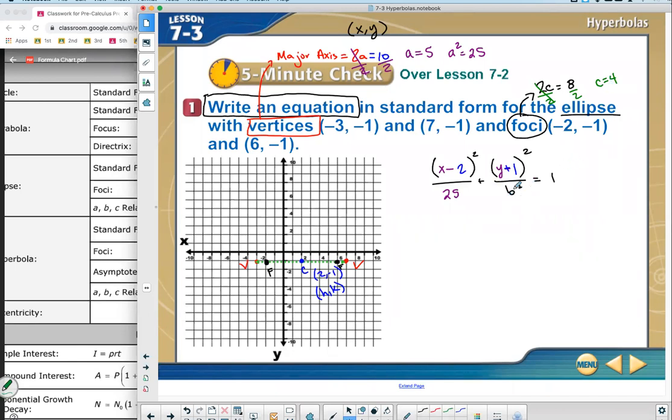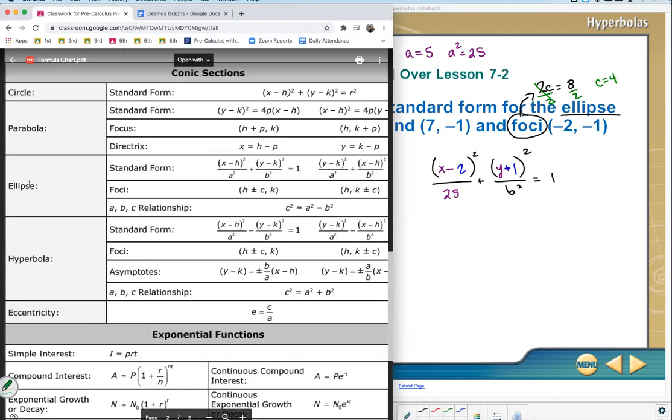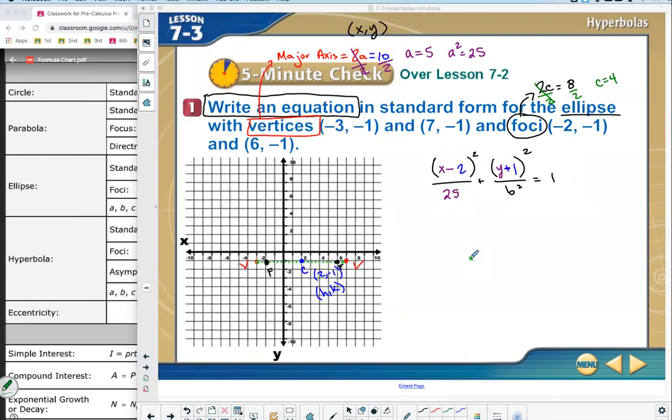And I know the problem does not ask for c, but on an ellipse, there is a relationship between the a, b, and c, and it follows this: c squared equals a squared minus b squared. So we can say c squared equals a squared minus b squared, where we know c is 4, which implies that c squared is 16. So 16 will equal, and we know a squared is 25, 25 minus our b squared.